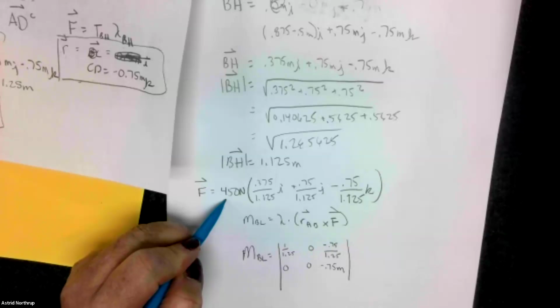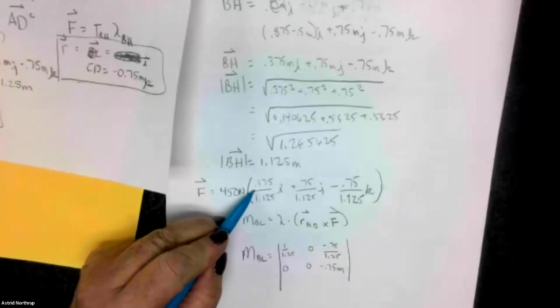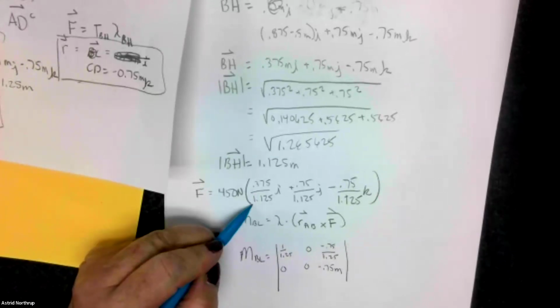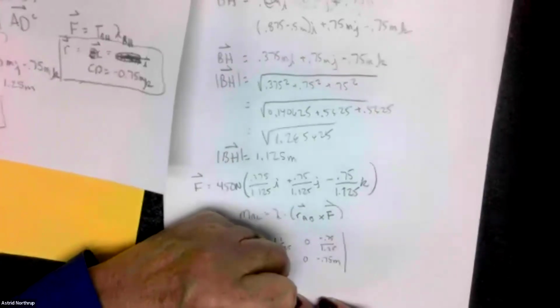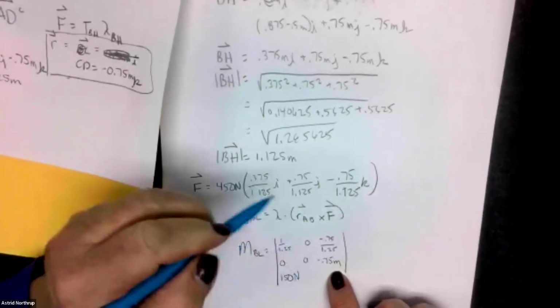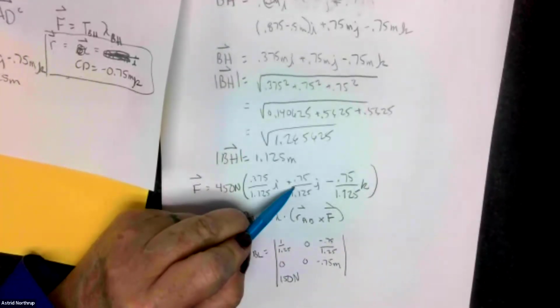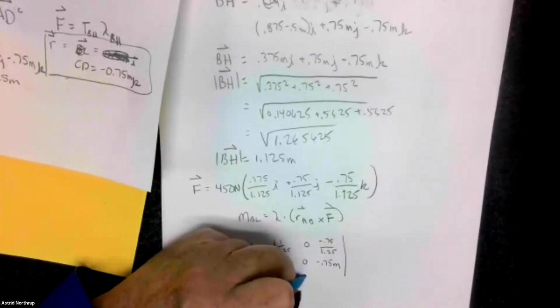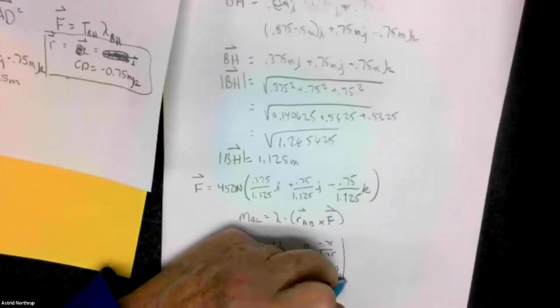If I take this 450, multiply it by 0.375 and divide that by 1.125, this number turns out to be 150, and my units are going to be newtons. The next number, 0.75, is double that. That's just 300 newtons minus 300 newtons.